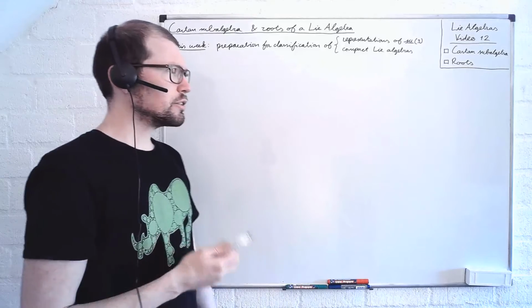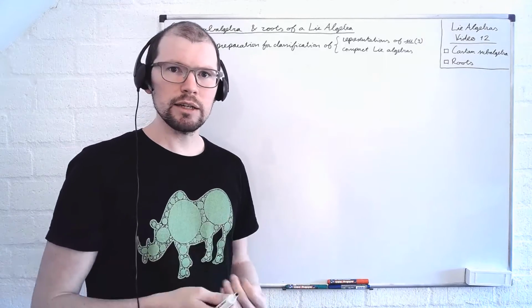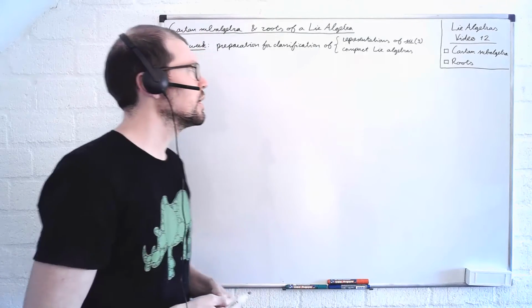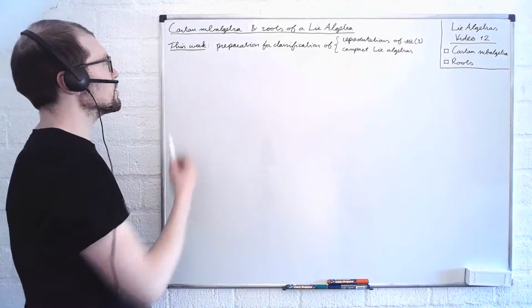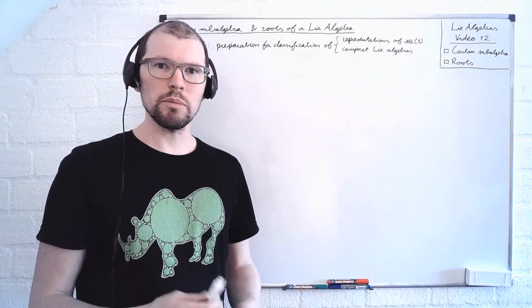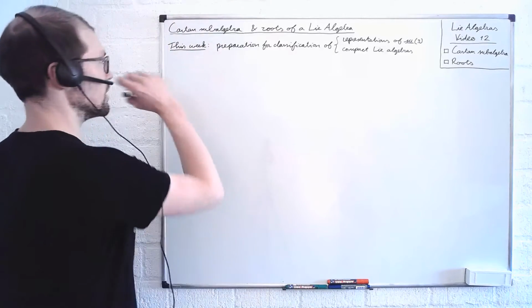So what we would like to do in general for a larger Lie algebra is to diagonalize as many generators as possible. And really, the Cartan subalgebra formalizes kind of the choice of a maximal set of diagonalizable generators. So let me write this.